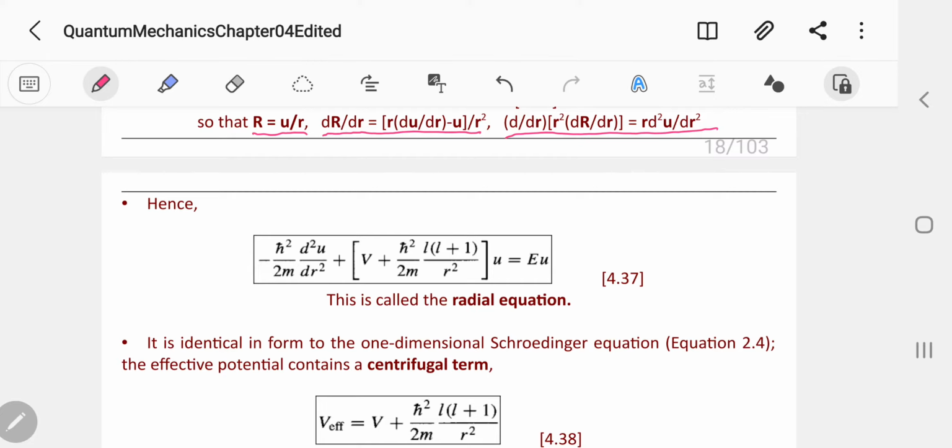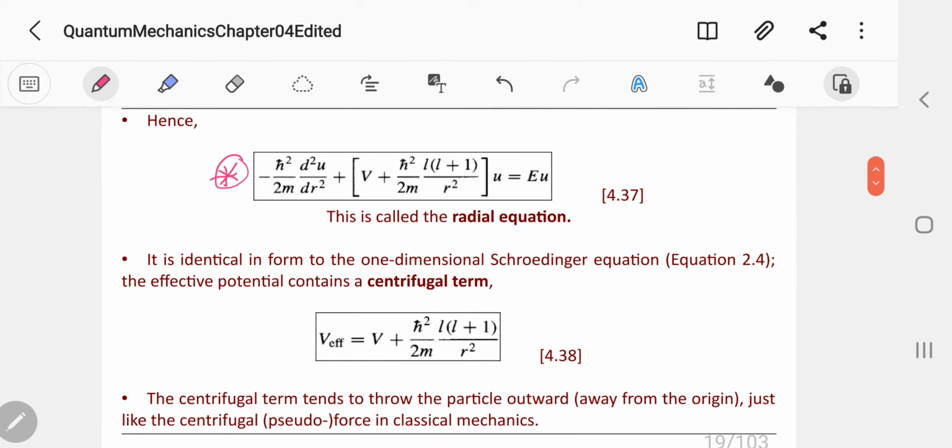So your radial equation would reduce to this, which is much simpler to look at. And we have here an expression we call the effective potential, which contains a centrifugal term. So this is the effective potential.